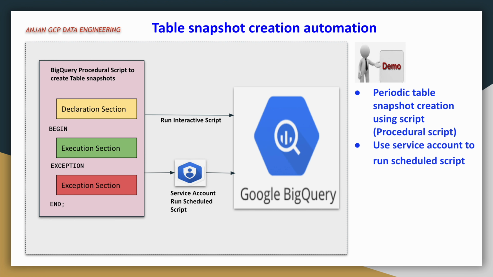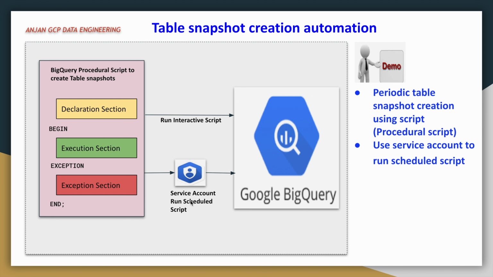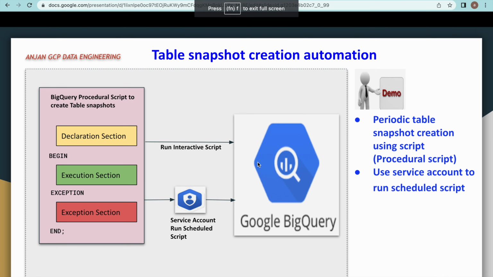In the second step we will schedule the same script, and then update the schedule to use the service account to run our schedules instead of user credentials. We will see all these concepts one by one. Let us quickly move to the demo.